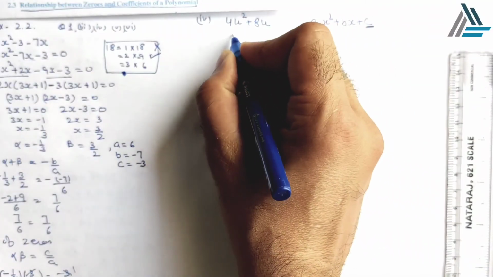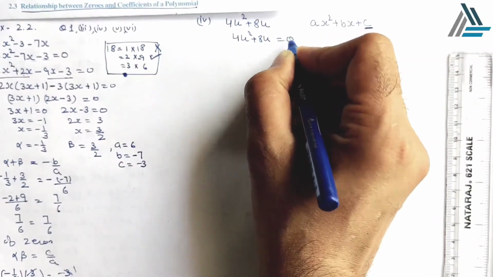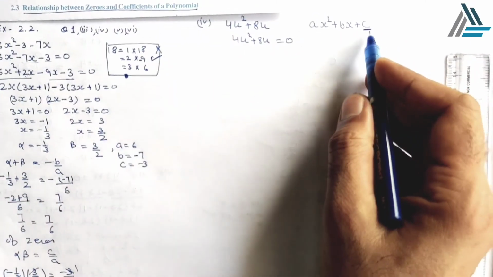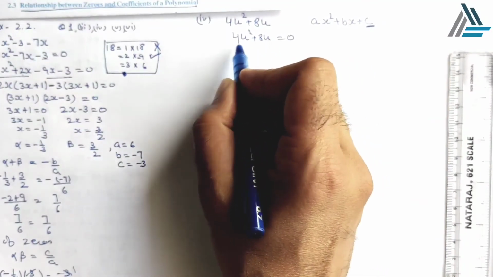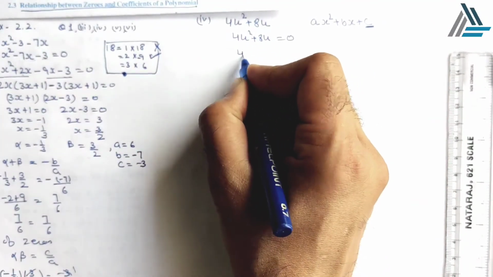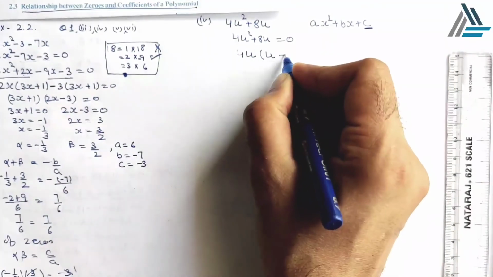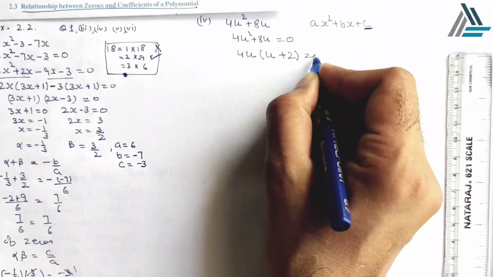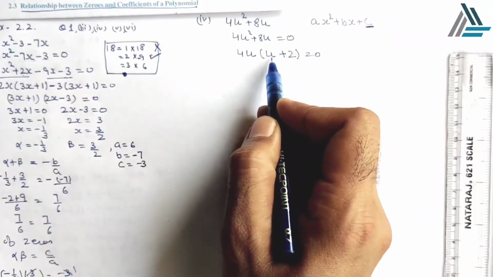First of all, we take 4u squared plus 8u equal to 0. If there is no constant term, then we take common from these two terms. Here in 4 and 8, 4 is common and u is common. Then from the first term we get u plus 2 equal to 0. In this way we make the factors 4u and u plus 2.